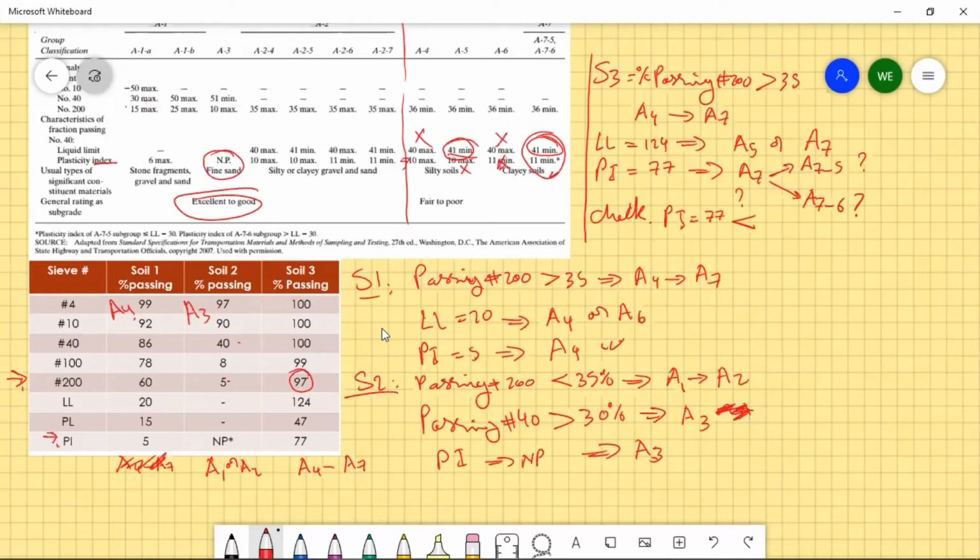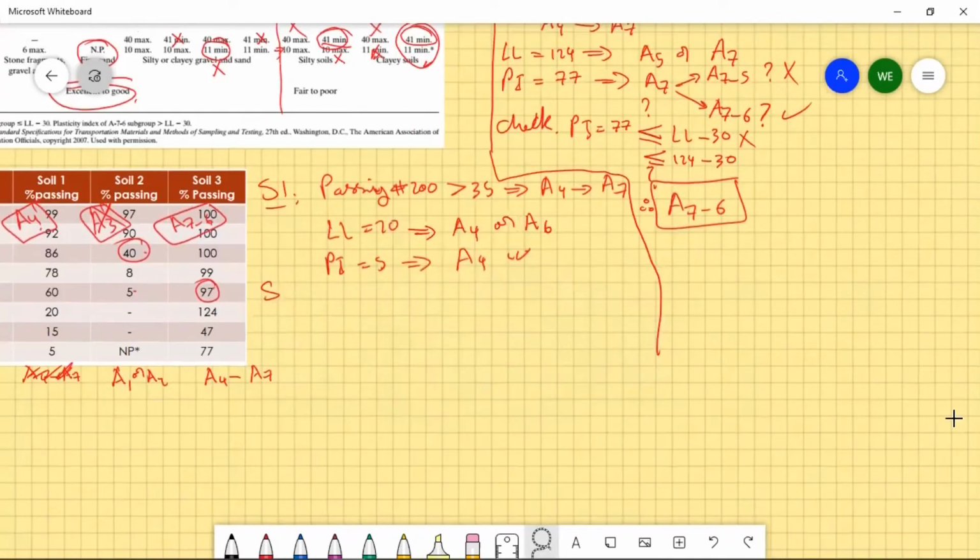Is it less than or equal to the liquid limit minus 30? That's 124 minus 30. Of course, it's not less than this. So it's not A7-5. Therefore, it's A7-6. So this one is A7-6.